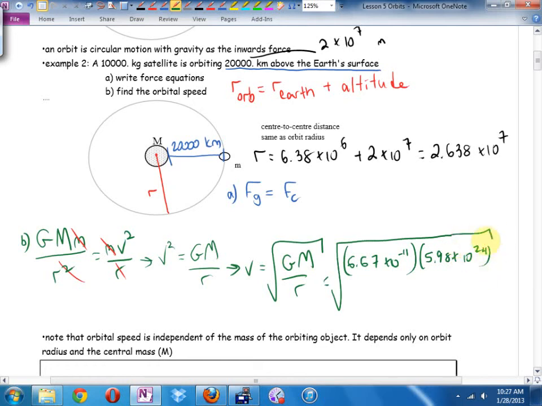It's all on your data sheet. This is where you're going to be using it. All divided by the radius, which we said was 2.638 times 10 to the 7th. This is a time for all of you to practice with your calculators. What is the orbital speed?